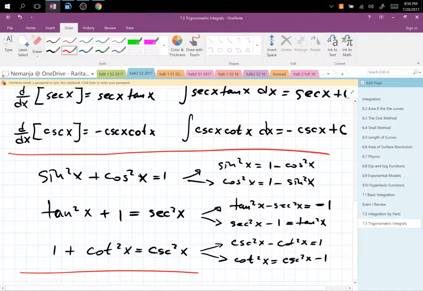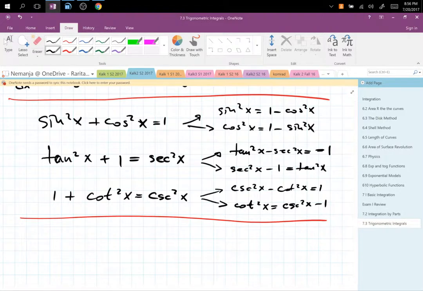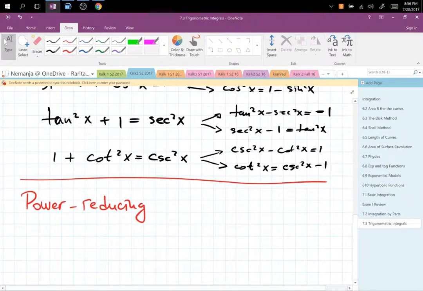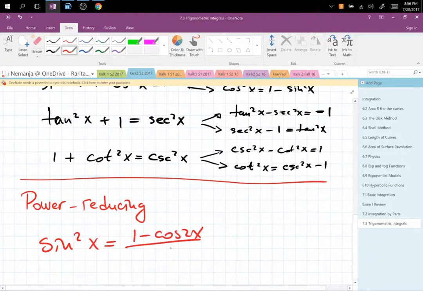The next type of formula is the power reducing. I can't emphasize these enough. These are going to be central for solving certain problems. Sine squared x is, that's it.